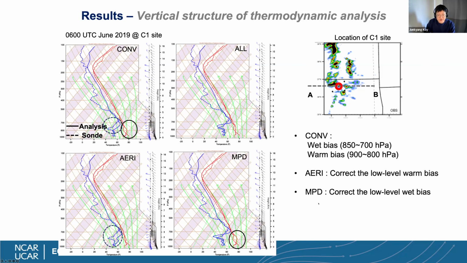When we assimilate the MPD data, the MPD corrects this low-level wet bias. So when we assimilate all the observations, including the MPD and ARI data, this analysis shows a much more consistent structure of temperature and water vapor field, consistent with the observation.